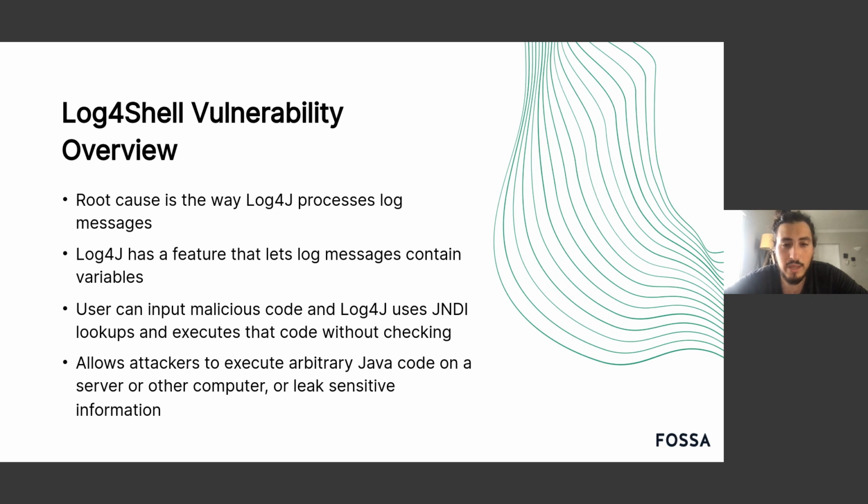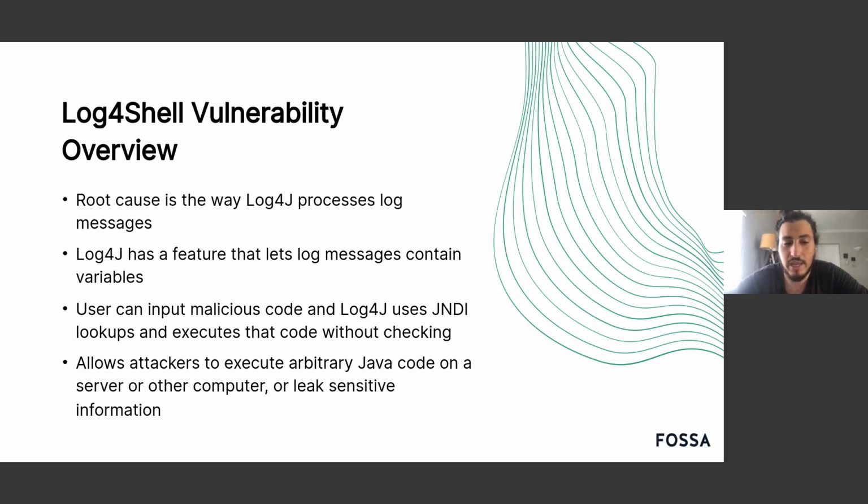So the way this vulnerability works is that when Log4j processes log messages, it takes in a string, and this string can contain variables. So think of it sort of like string interpolation and format strings for C, C++, where you have some type of stand-in where the value is then processed at runtime.